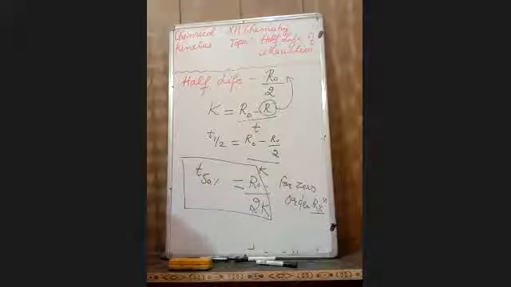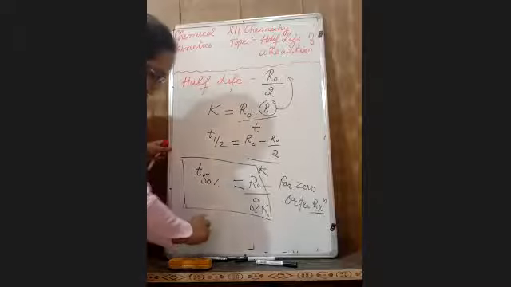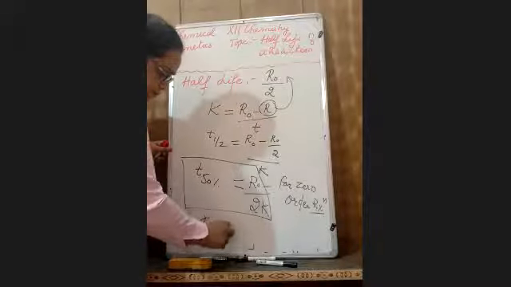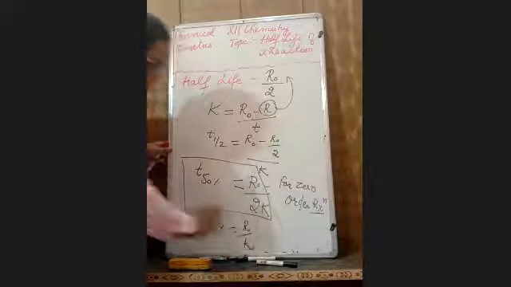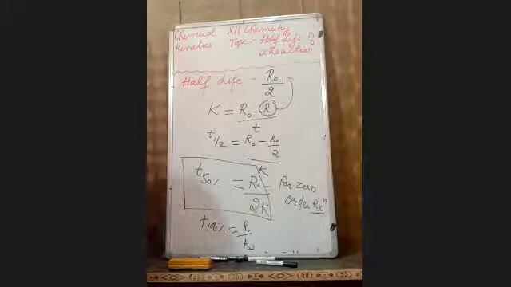And what is T 100%? T 100% is R naught over K, for zero order, because for first order it is different.